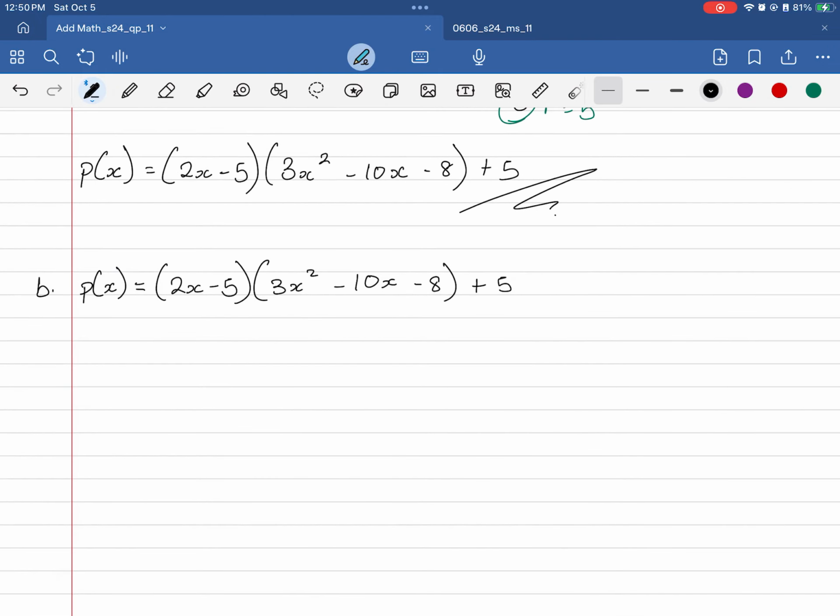They want us to write the expression p of x minus 5 as a product of linear factors. That means this should be linear. Well, this is already linear because the lowest power of x here is just 1. But this is not linear, so we're going to have to make this a linear factor.